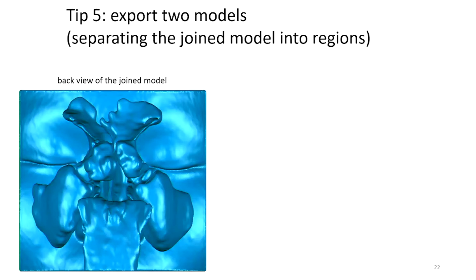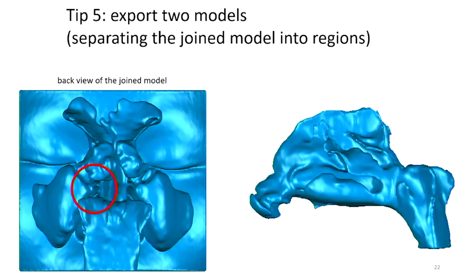So my solution is that you can draw the profile of this semilunar hiatus in the nasal cavity model only, because in the nasal cavity only model, it's really easy to find the proper profile, and then you can use your CAD software to project this profile into your complete model. And when you click cut, the paranasal sinuses will be split up.